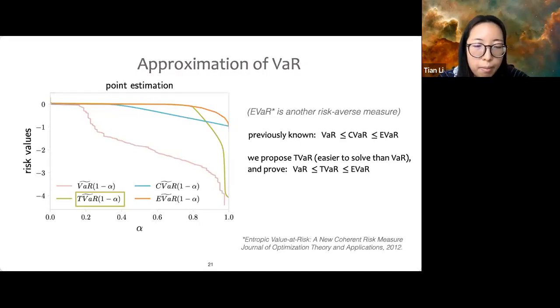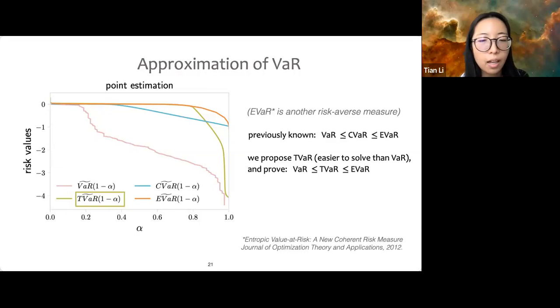Here we are looking at the risks of different objectives. VaR is something that we would like to optimize as the end goal. Because it's very hard to optimize, there are different approximations. Previous approximations include CVaR and EVaR, the conditional value at risk and entropic value at risk.